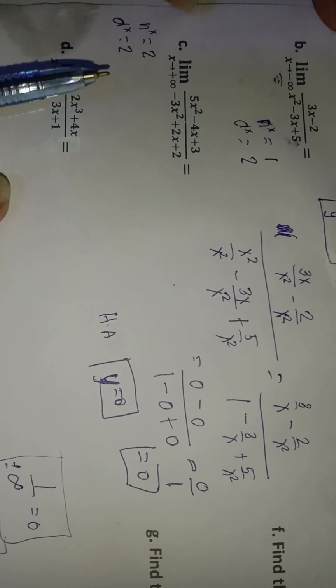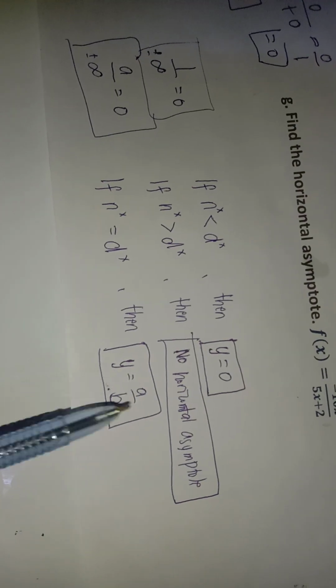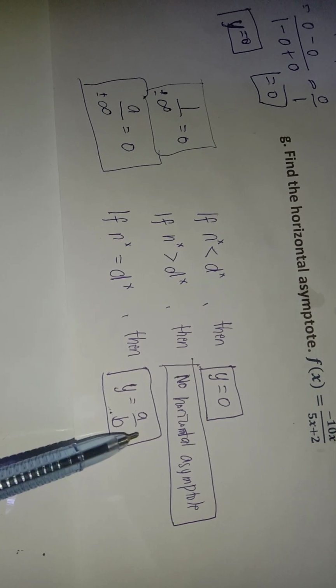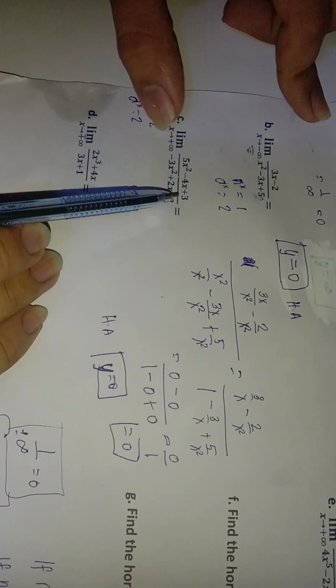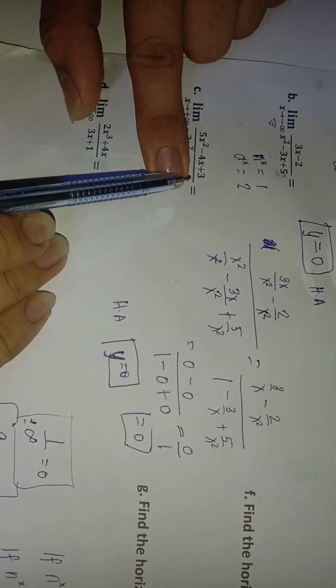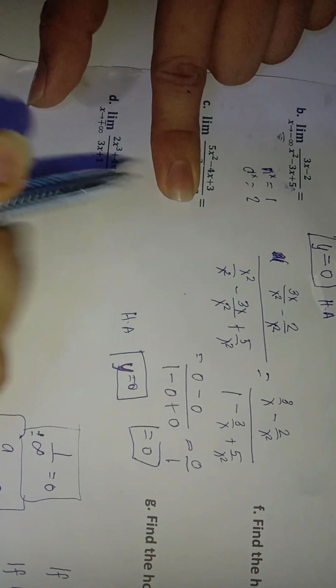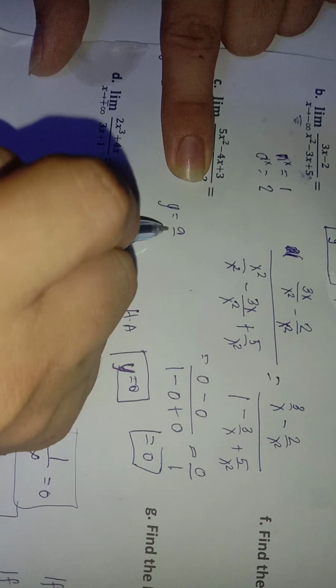So we know that the degree of the numerator is the same as the degree of the denominator. To find the horizontal asymptote, we just find the leading coefficients of the numerator and denominator. What is the leading coefficient in the numerator? The leading coefficient is 5.